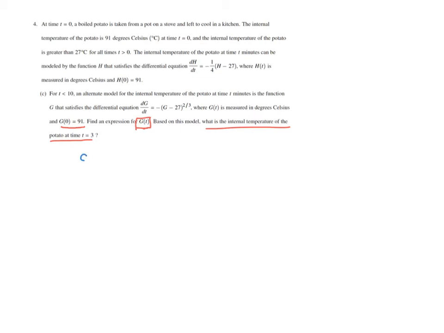So we have dg over dt is equal to negative the quantity g minus 27 raised to 2/3. We're going to multiply dt on both sides and divide by g minus 27 raised to 2/3 on both sides.